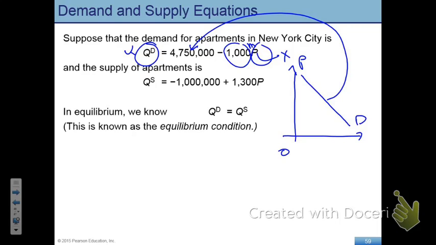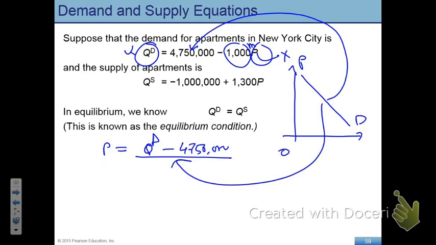In order to get the equation of this line, we need to really write it as that. Do we all see that? We can simplify that a little bit. The first term is going to be 4,750 divided by 1,000 plus QD divided by 1,000.